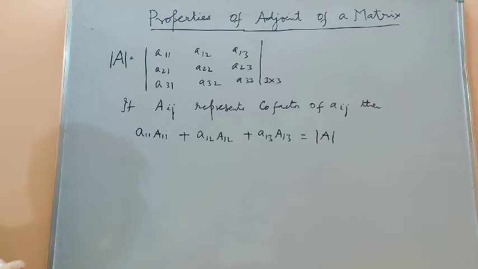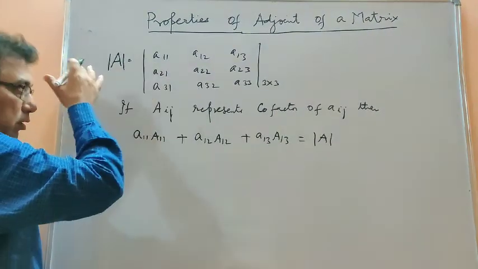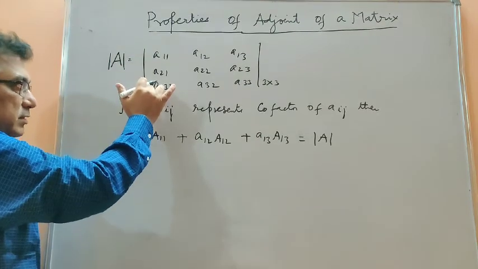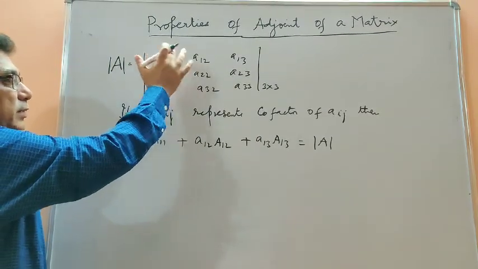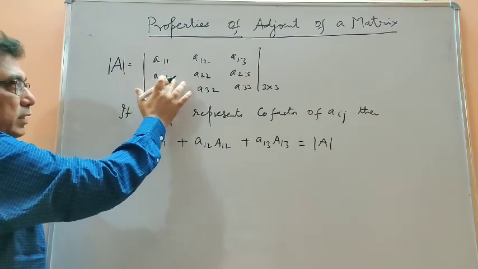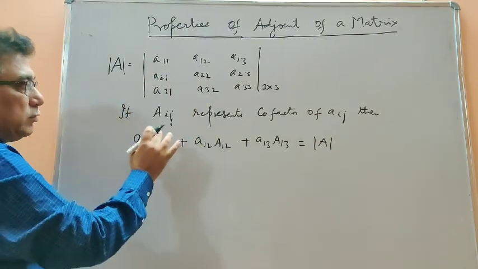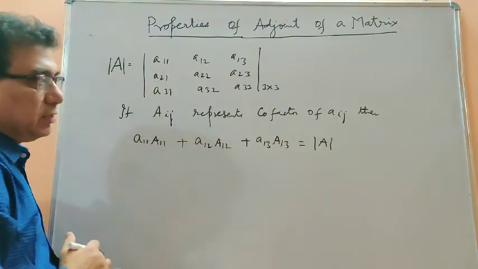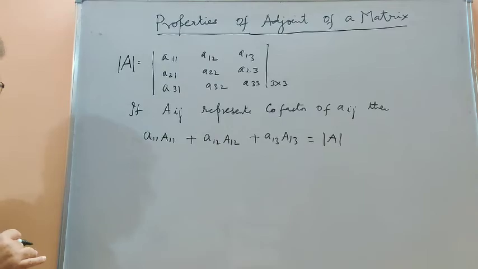So it is applicable for all the elements of a particular row and column. Suppose I go with first column elements, then A11 should be multiplied by capital A11 plus A21 should be multiplied by capital A21, A31 multiplied by capital A31. That will also give you the same result, which is determinant A.